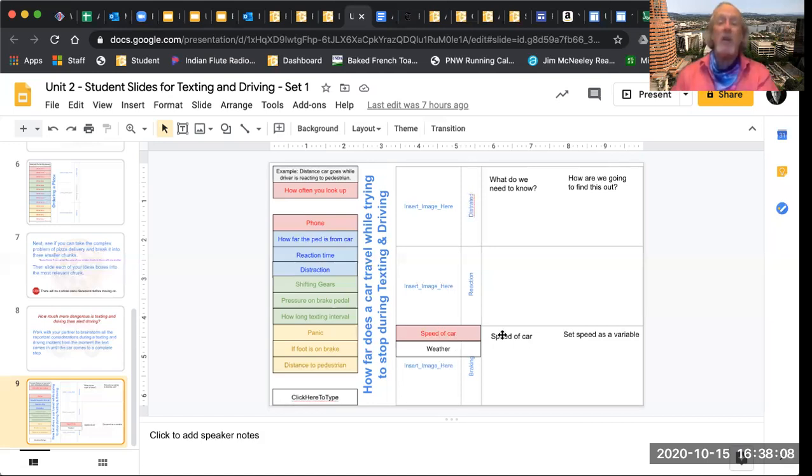We need to know the speed, and we're going to set that as a variable. How are we going to measure it? Well, we're actually going to measure speed. Others are a little more difficult. Weather, we know, affects stopping distance. Is it icy, snowy, rainy, clear? What do we need to know? We need to know the weather. Which weather patterns do we really care about? And then how are we going to measure those? That takes some thought.